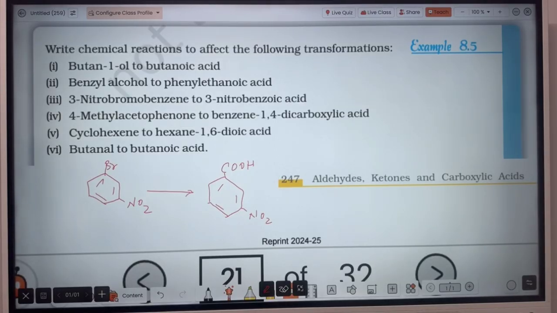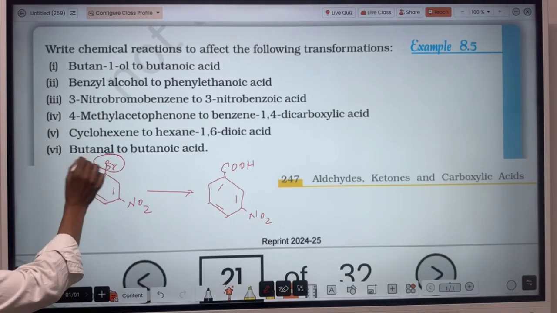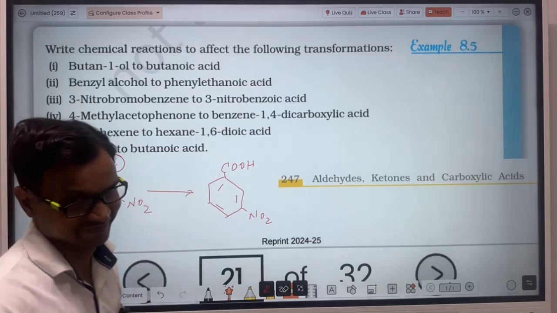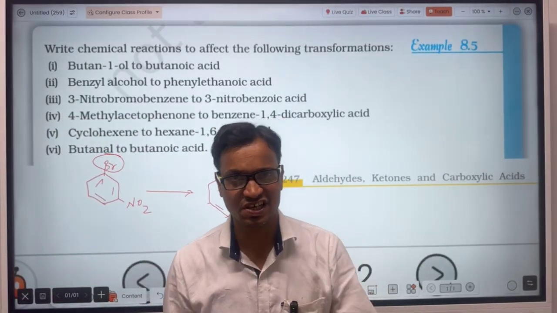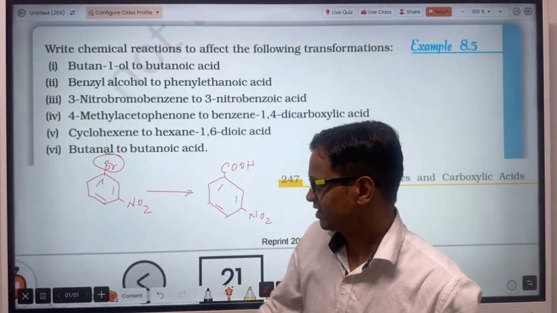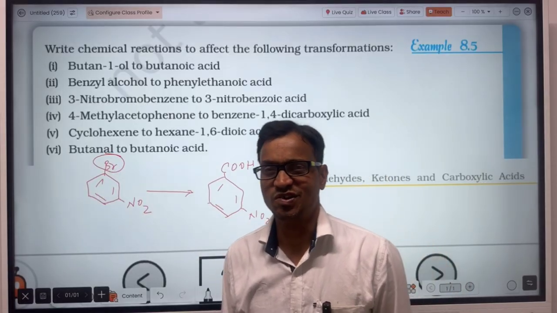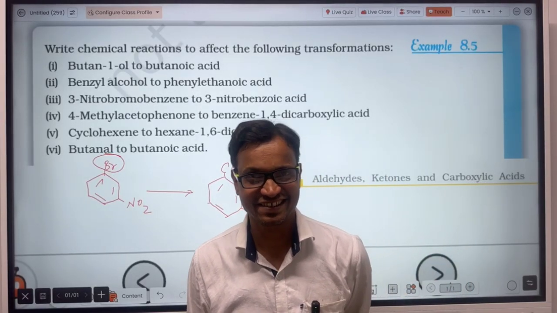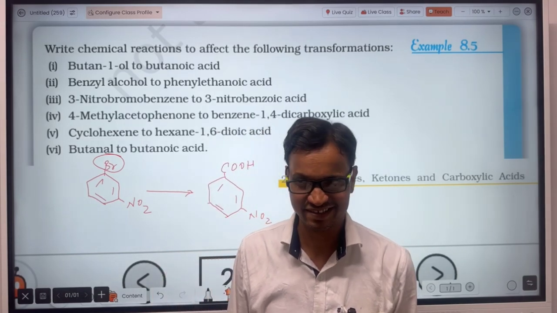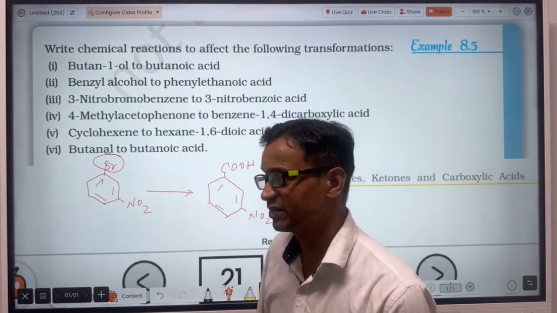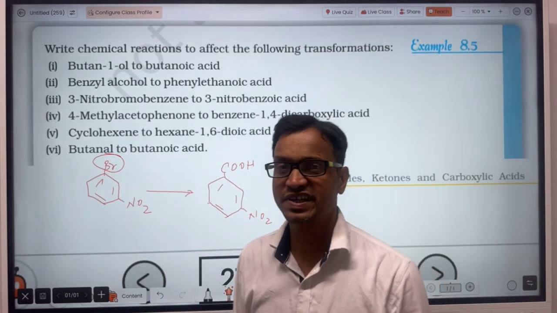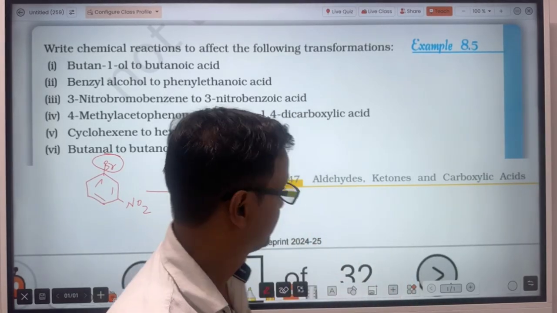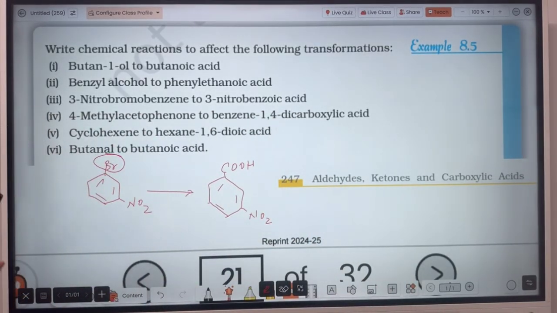So how to do it? In place of bromine there should be a carbon. Firstly, your first task will be to attach a carbon in place of bromine. One familiar option is the cyanide group, CN minus. So how can you replace it? When you react with KCN, potassium cyanide, then the cyanide group will bond there.